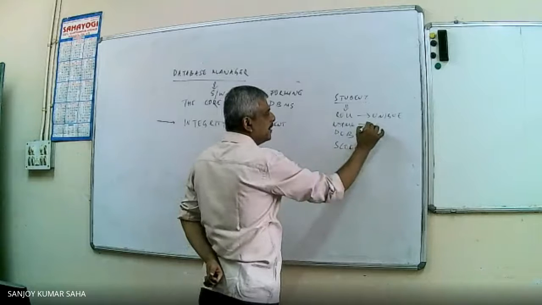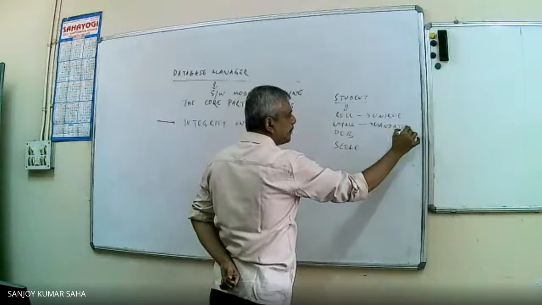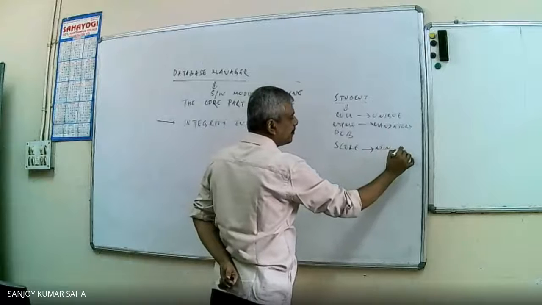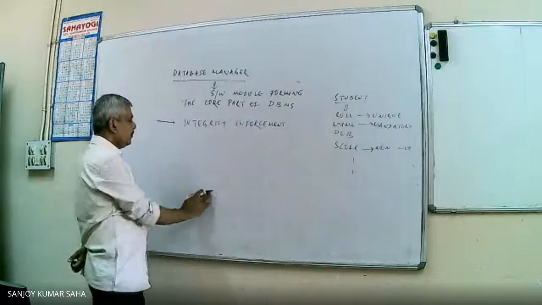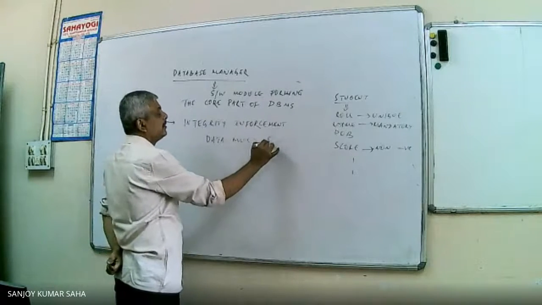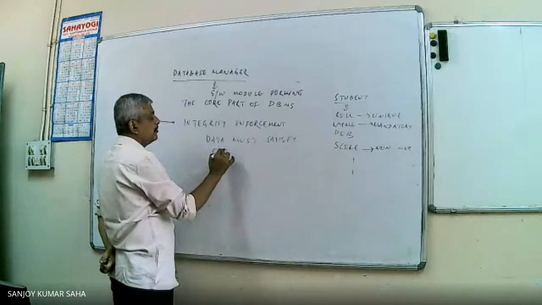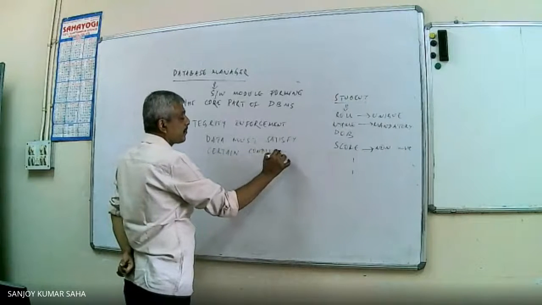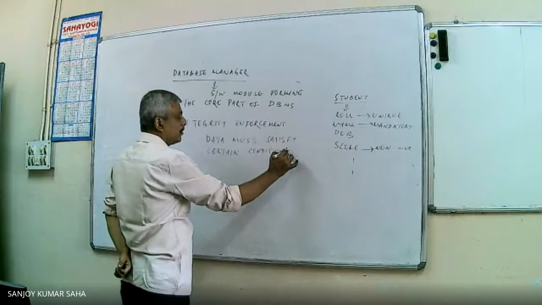Name has to be given, this is mandatory, it cannot be kept empty. Score will be non-negative, etc. So data must satisfy certain conditions, or that we say constraints.